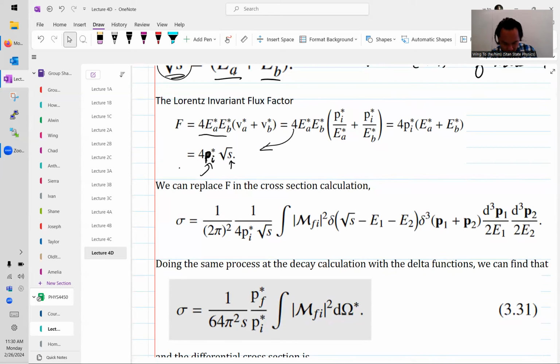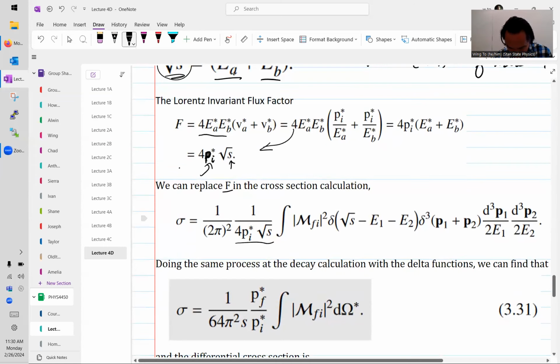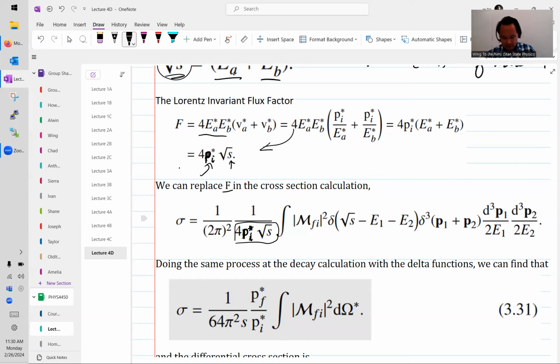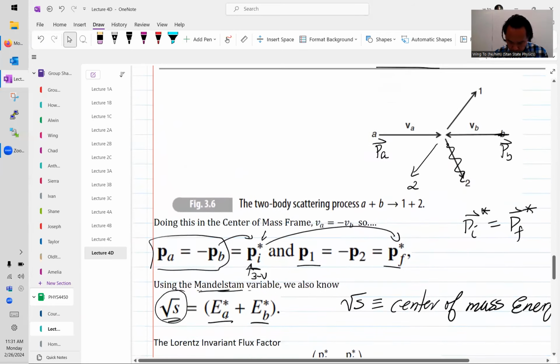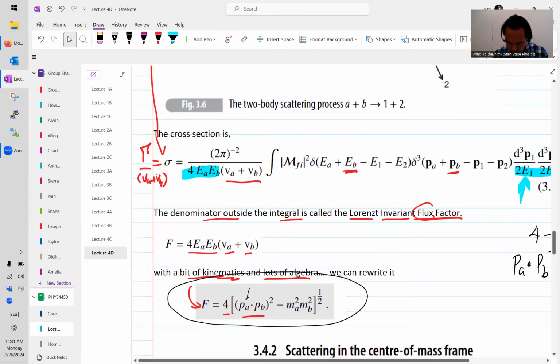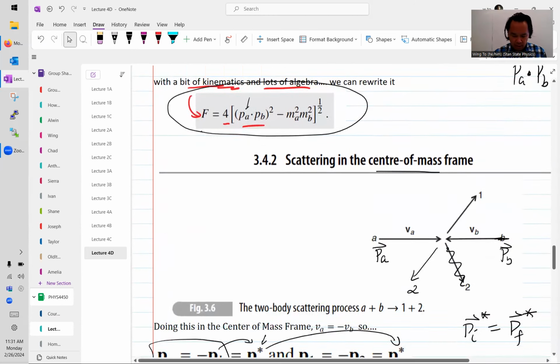So we can replace this Lorentz invariant factor in our cross-section calculation with 4 times the 3 momentum magnitude times the square root of S in the denominator. In fact, if I go back up to our original calculation, E_A plus E_B is also this in the center of mass, the center of mass energy.